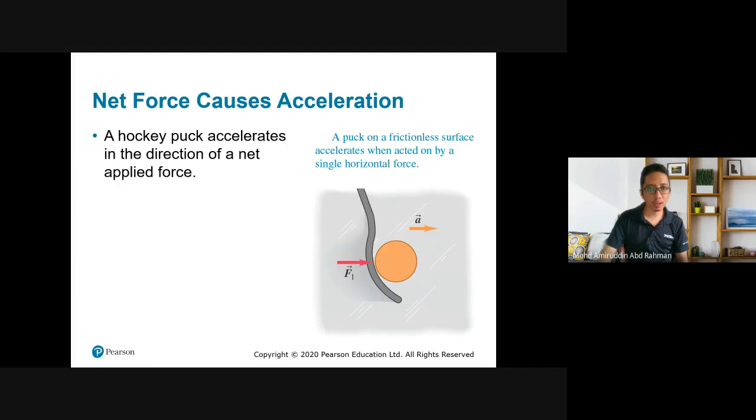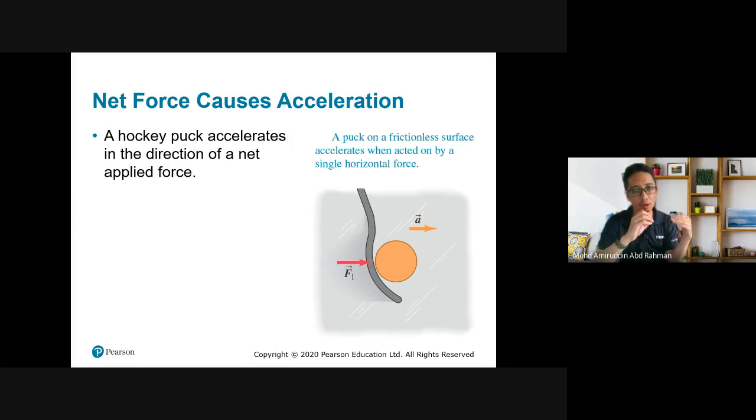The net force causes acceleration. Let's say for example a hockey puck accelerates in the direction of a net applied force. A puck on a frictionless surface accelerates when acted on by a single horizontal force. So we have the force from a different object, a hockey stick, giving a force of F1 towards the puck.